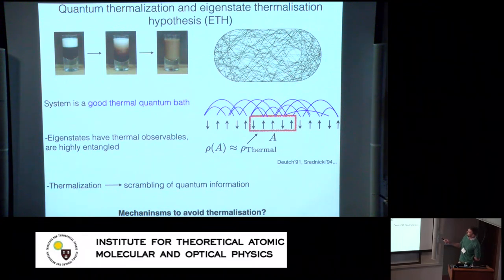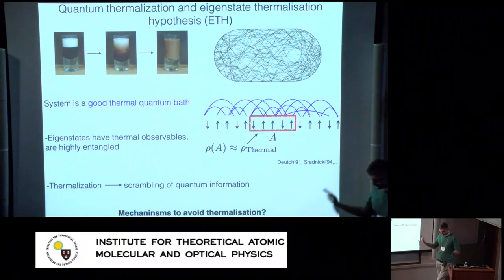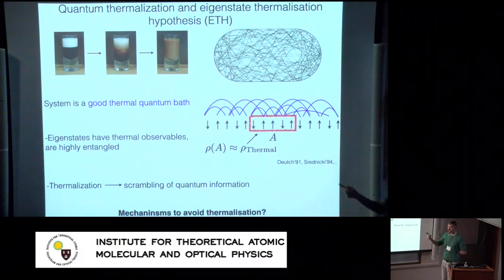And at the level of quantum many-body eigenstates, the way to understand it is via the eigenstate thermalization hypothesis, which essentially tells you that individual eigenstates of the system already look like thermal ensembles. So if you take an eigenstate of such a system, which is a good bath, every small subsystem would essentially have a thermal density matrix.